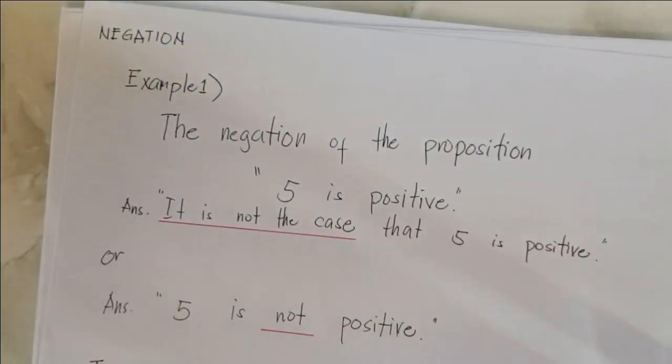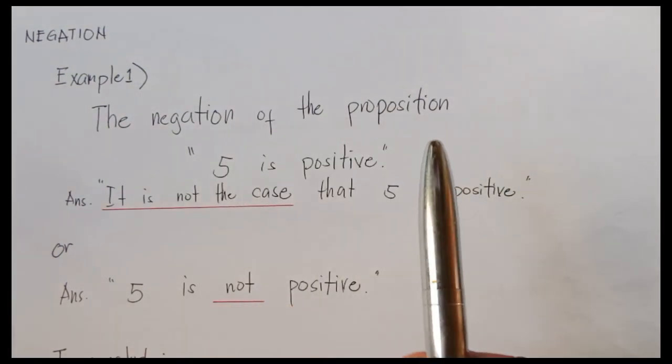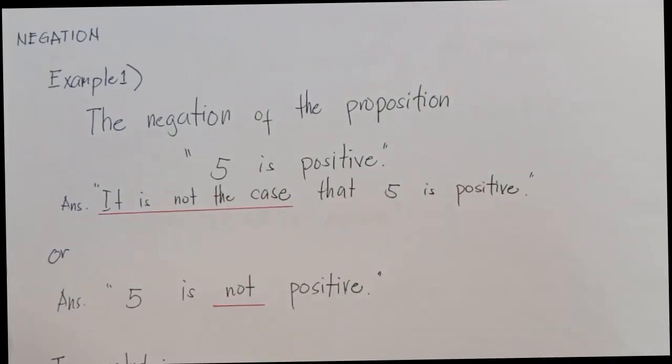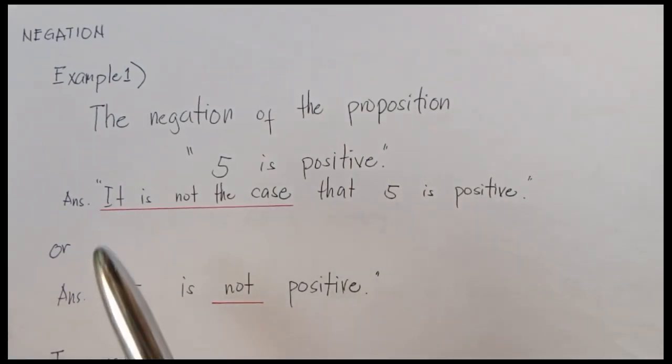To understand more about negation, let us have some examples. First, the negation of the proposition "5 is positive". The answer here is "it is not the case that 5 is positive". You have noticed that we are using "it is not the case" to negate the proposition.